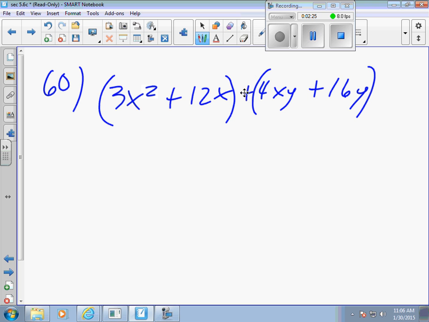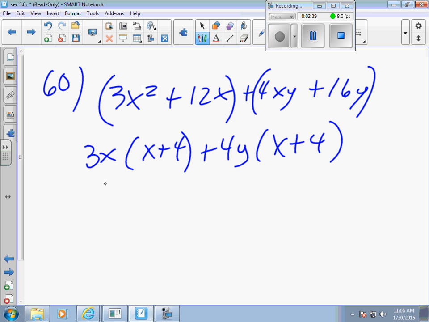Since this is a plus sign, I'll leave it between them. Greatest common factor here looks like a 3x, leaving me with x plus 4. Greatest common factor here looks like a 4y, leaving me with x plus 4. Regrouping it, I get x plus 4 times 3x plus 4y.